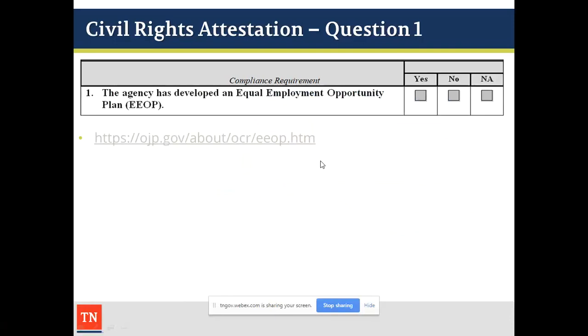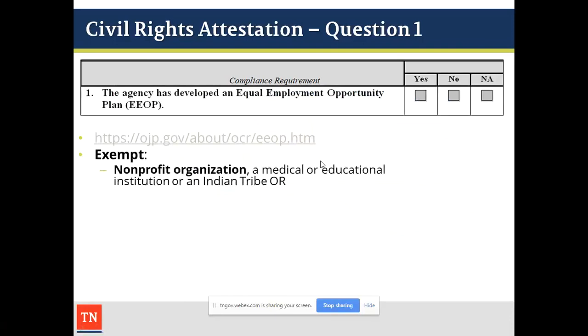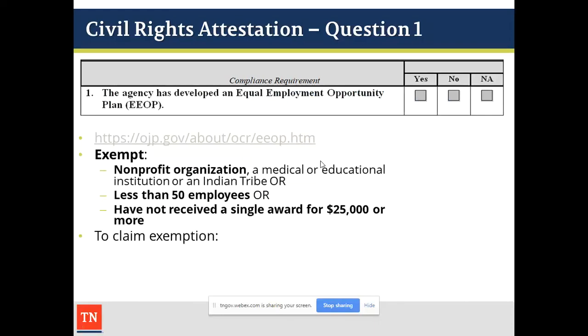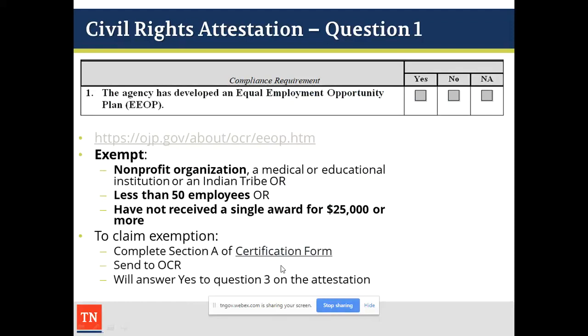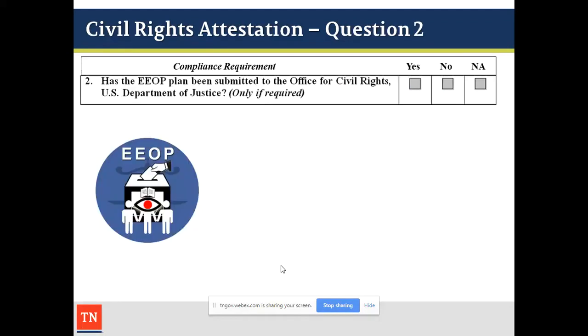And you are exempt, as we've talked about before, if you're a nonprofit organization, you have less than 50 employees, or you're not receiving an award of $25,000 or more. You would, in that case, to claim an exemption, complete Section A of the certification form and send it to OCR. And that means you'll answer yes to question 3 on the attestation, which we'll see in just a minute.